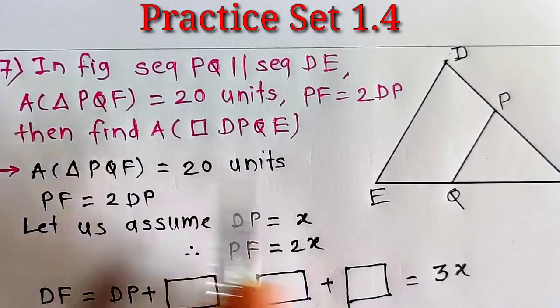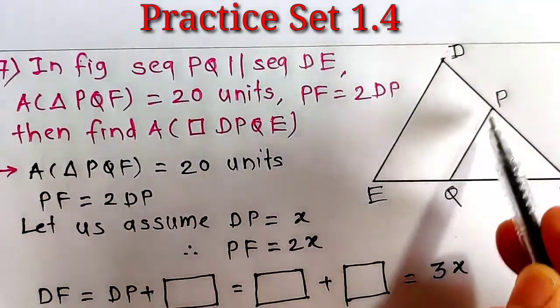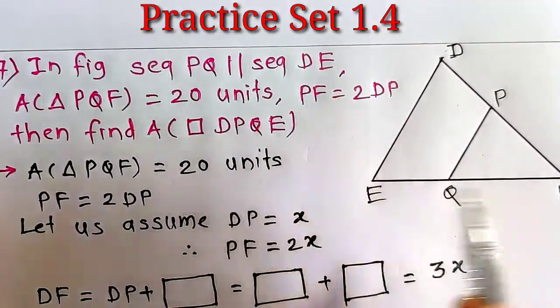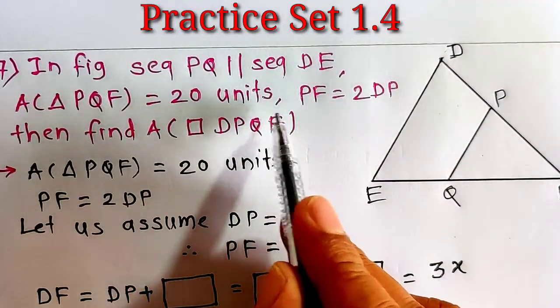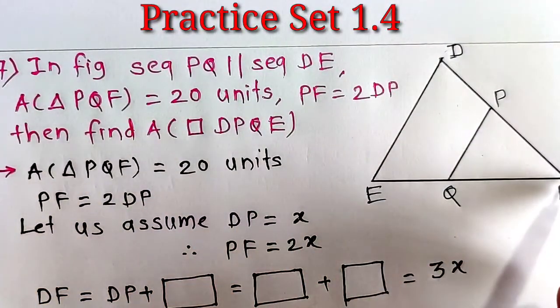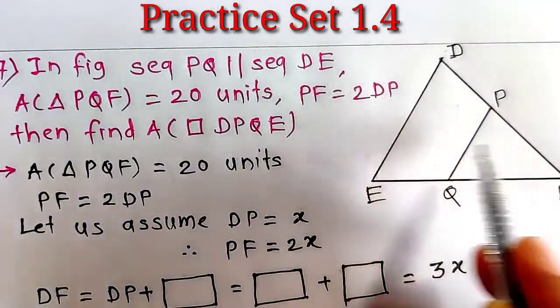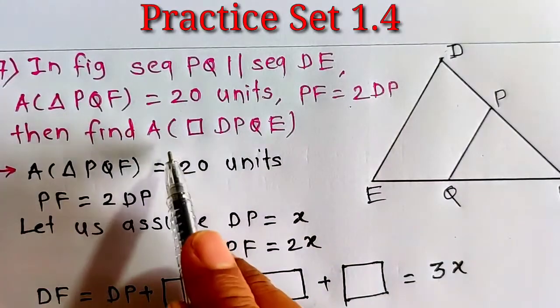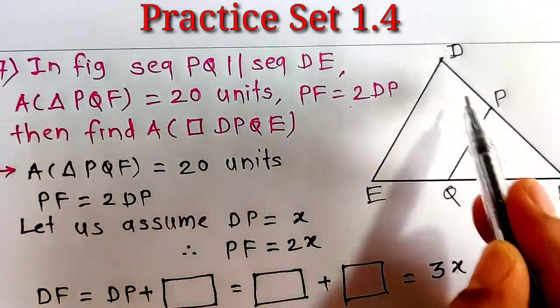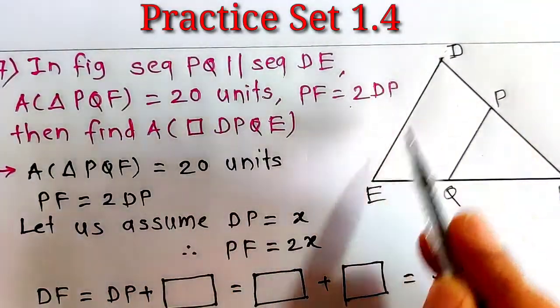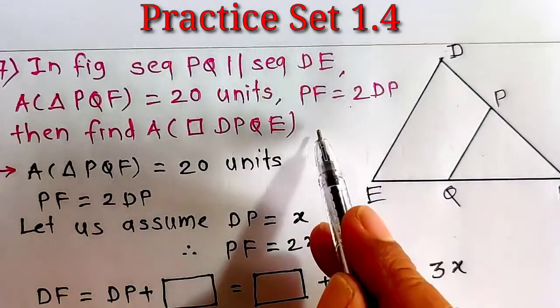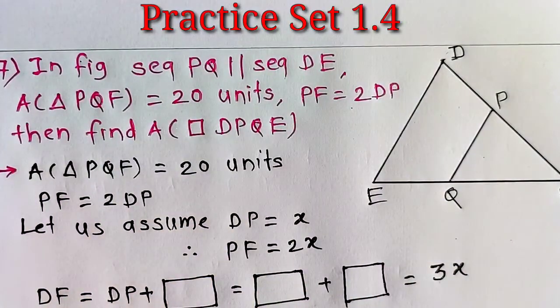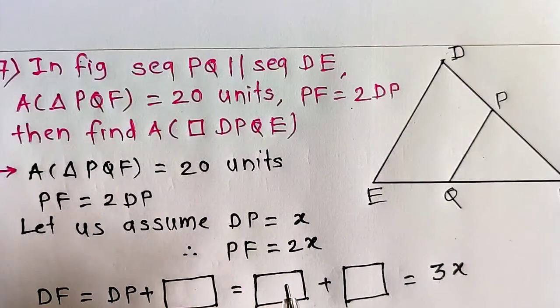The area of this smaller triangle PQF is 20 units. PF is equal to twice DP. Then find the area of quadrilateral DPQE, and to find this area we have to complete this activity.